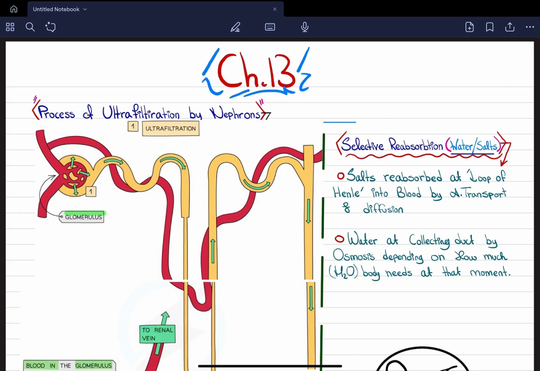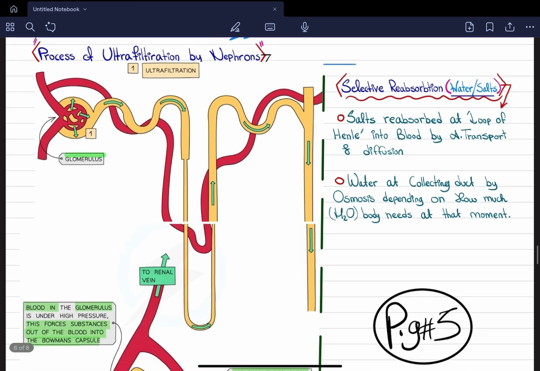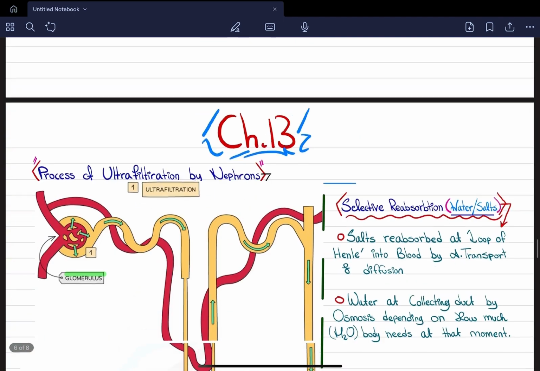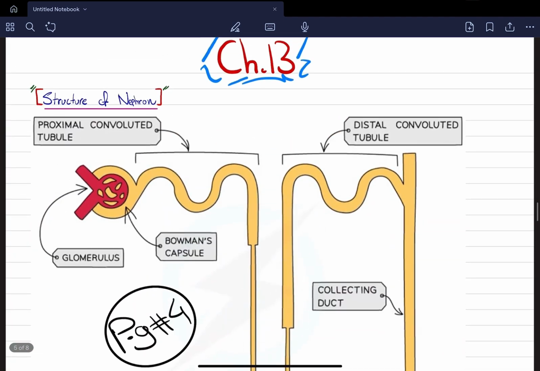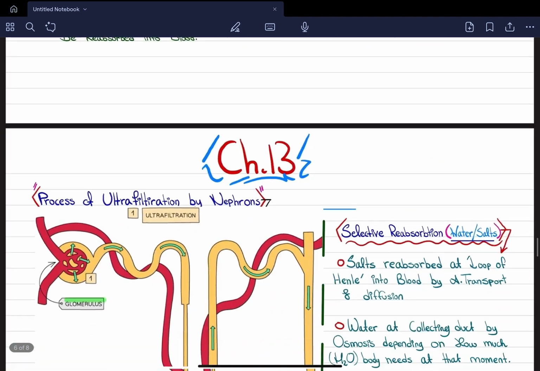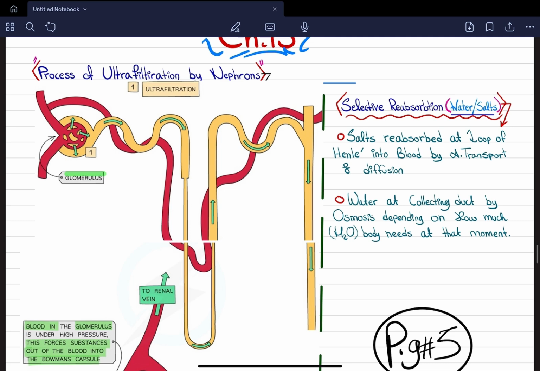Selective reabsorption is the reabsorption of salts in the loop of Henle. The loop of Henle is the loop that connects the proximal convoluted tubule and the distal convoluted tubule. So salts are reabsorbed in the loop of Henle by active transport and diffusion.